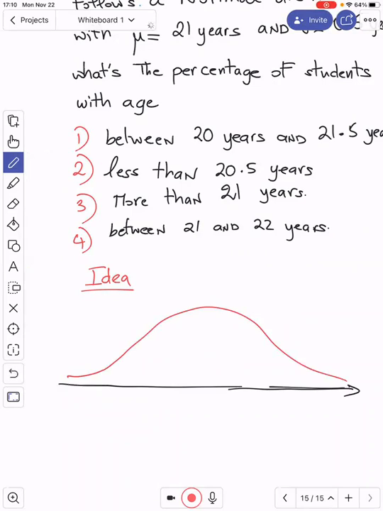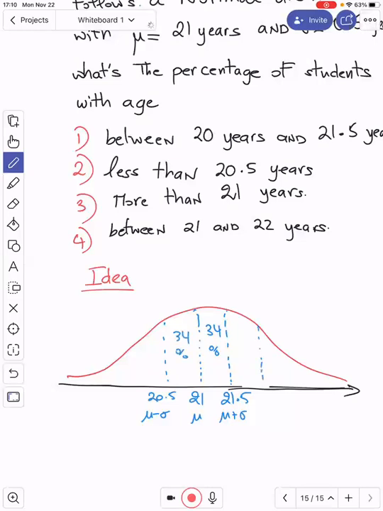You know your mean is 21, the center of the graph. Your standard deviation is 0.5. So here it's 21 plus 0.5, that's 21.5, and here we have 34%. This is mu, and this is mu plus sigma. Here it's 20.5, that's mu minus sigma, and this is another 34.